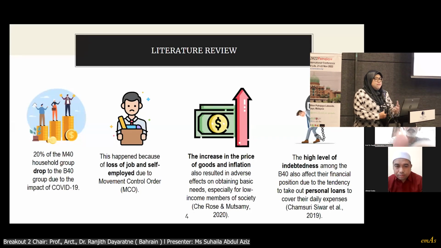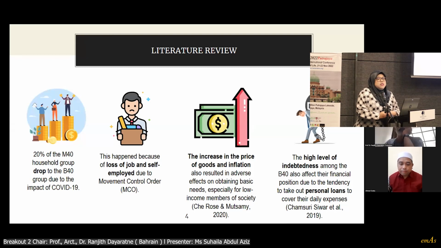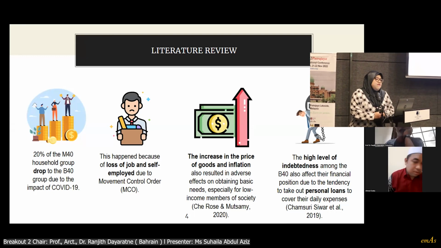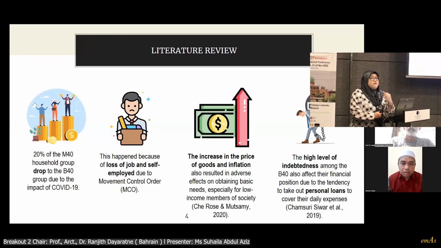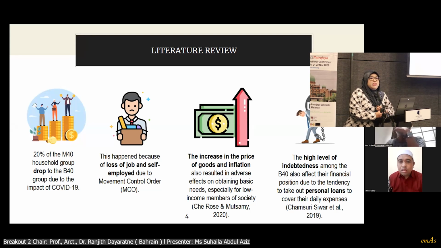So just some explanation on our literature review. According to the Department of Statistics Malaysia, DOSM, they found out that 20% from the M40 group, the middle 40 household group, dropped to B40 because of COVID-19.